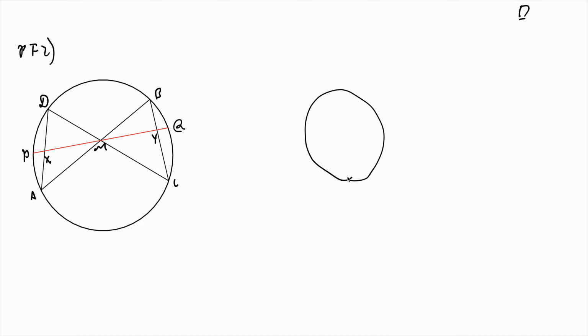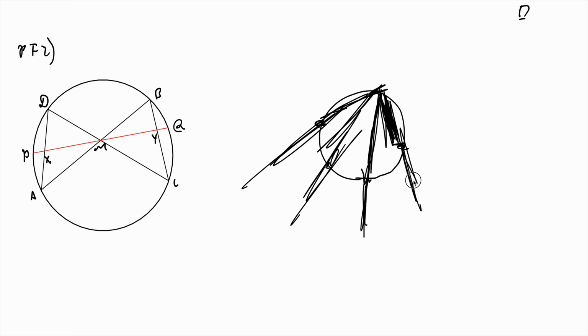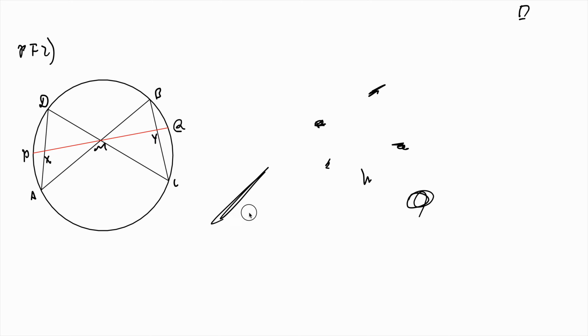If we have a circle like this, and we have 4 points, the cross ratio of these 4 points equals the cross ratio of these 4 lines. Segments, not lines. And the cross ratio of these 4 lines is equal to the cross ratio of these 4 points. That's the basic thing that we're going to use today.